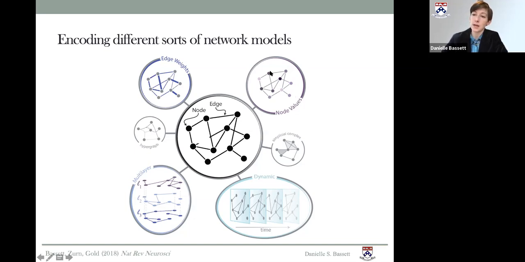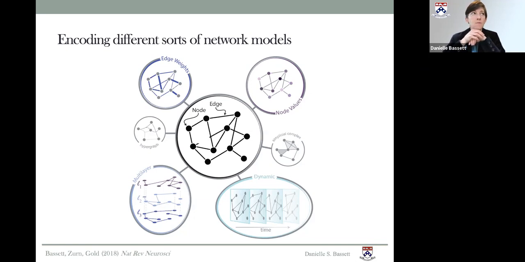One would be to add values to each node. This kind of network model is often called an annotated graph, because there's an annotation on each of the nodes. That annotation can be a linguistic annotation, or, what's often easier to use mathematically, a value on each node. So why would we want to put a value on a node?